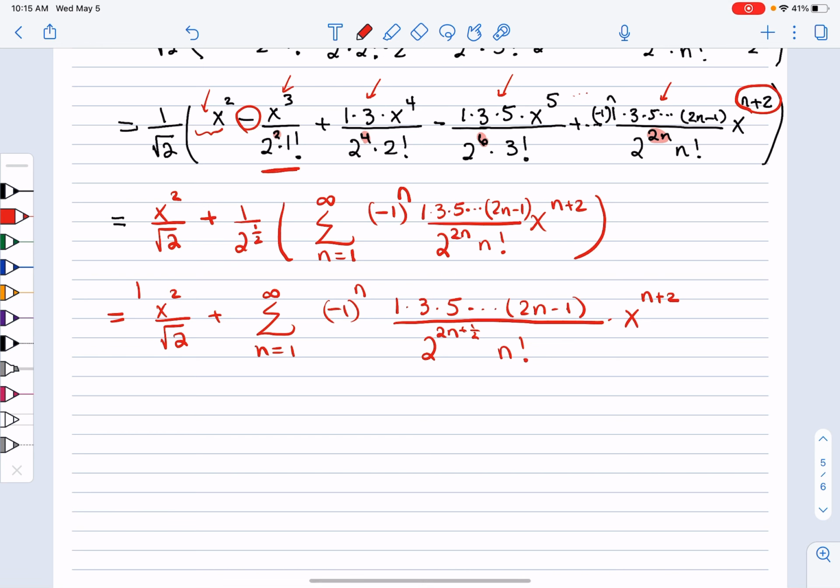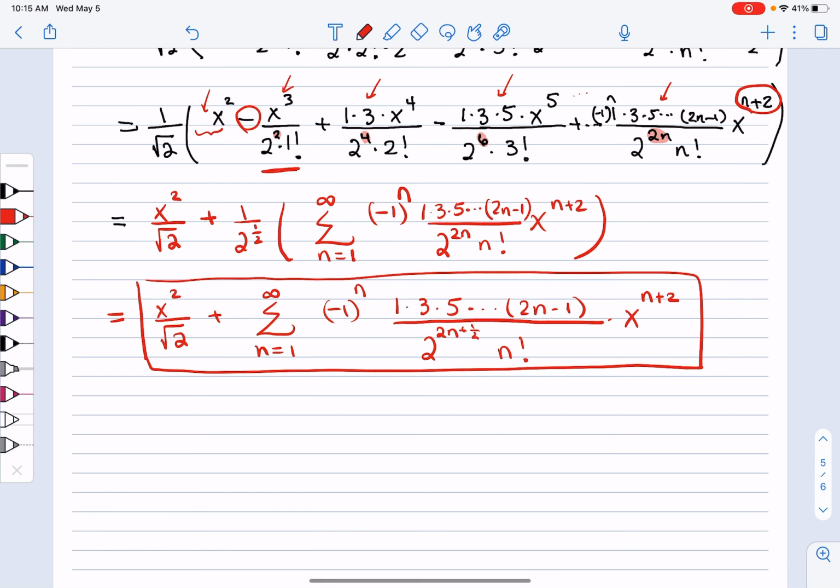This right here is your function as a power series.